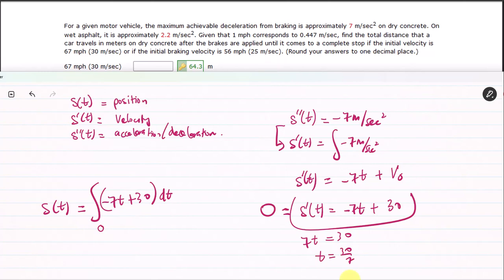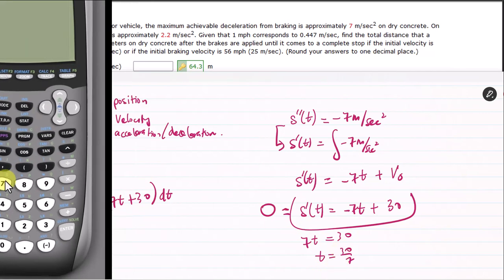That will be the time where it comes to a complete stop, and that becomes the upper limit of this integral. So we take the integral of this velocity from 0 to this time, and that will give you the total distance traveled by the car.